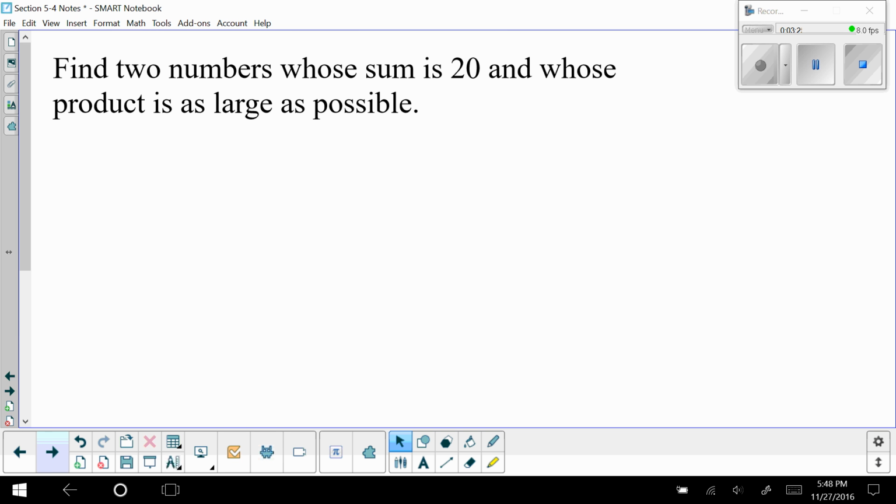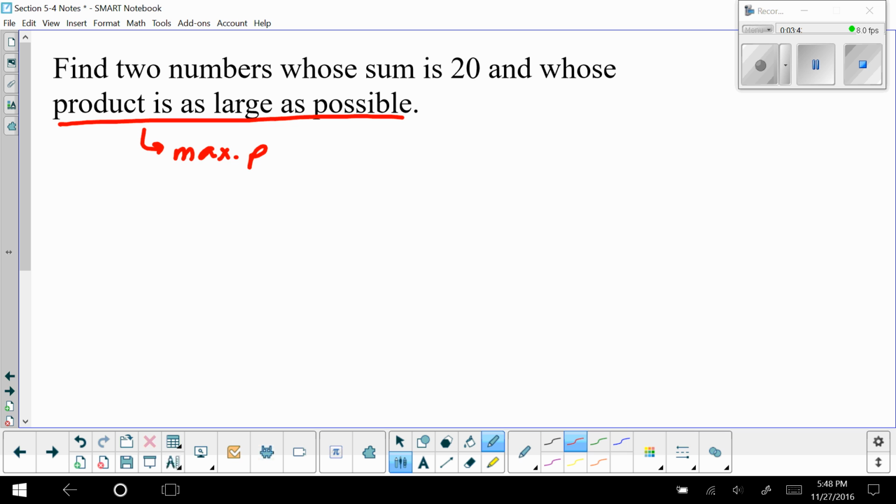So a quick example here would be if we wanted to find two numbers whose sum is 20 and whose product is as large as possible. So first identify what it is we're optimizing. We want a product as large as possible. So we need the max product. I'm going to use P for product, and I'm multiplying two numbers, x times y.